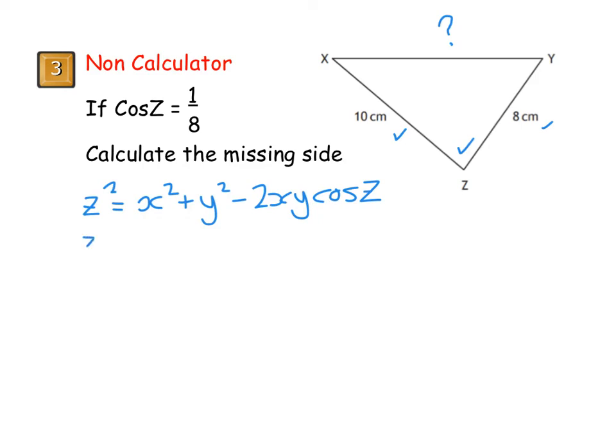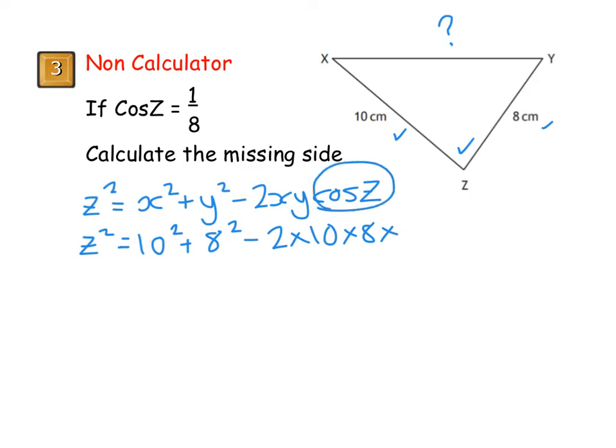So z squared equals 10 squared. Oh, I've put them the wrong way around, it doesn't really matter. 10 squared plus 8 squared minus 2 times 10 times 8 times cos z. What do we put in place of cos z here? Up here they've told us that cos z equals 1/8.